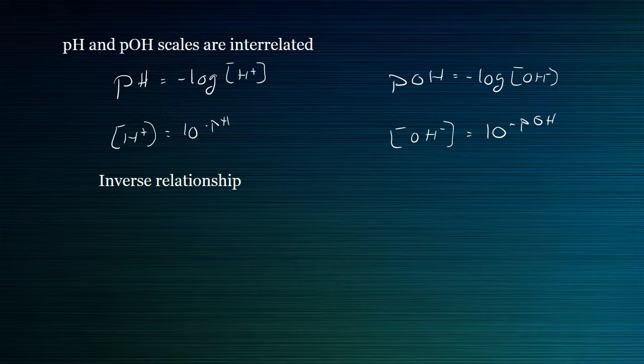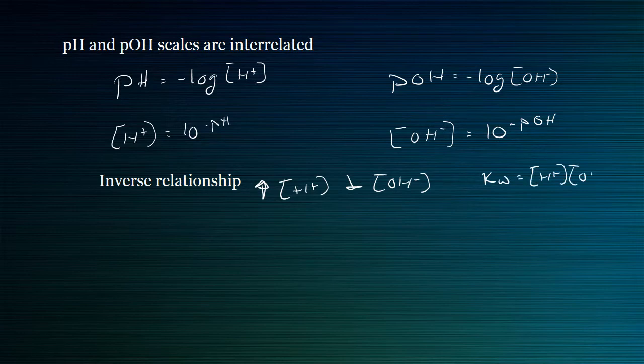So they have an inverse relationship, as we have seen with the ionization of water. If you increase your hydrogen ion concentration, you're going to decrease your hydroxide ion concentration due to the water constant calculation. And we've talked about that in the SL portion as well. We're just reiterating it here. And the scales are also inverse.